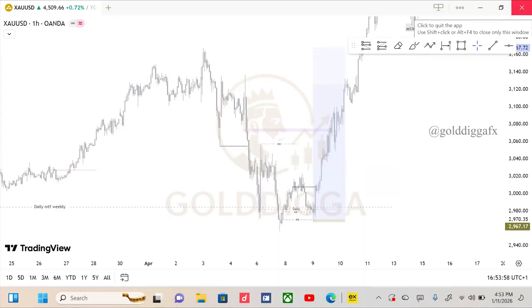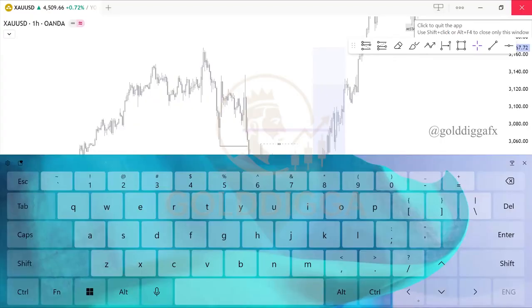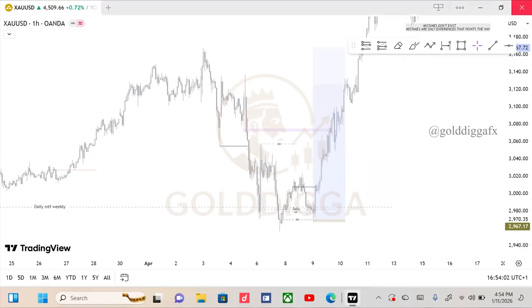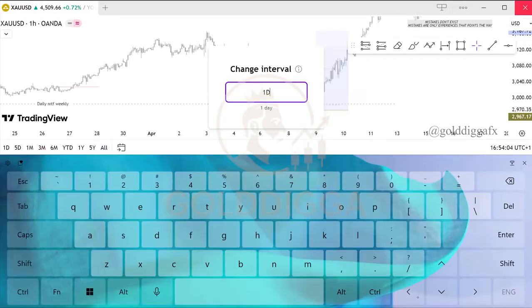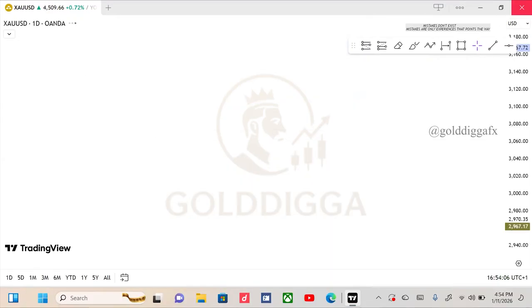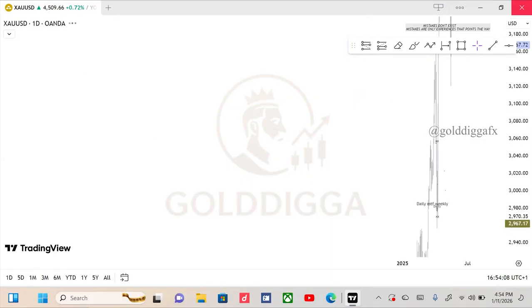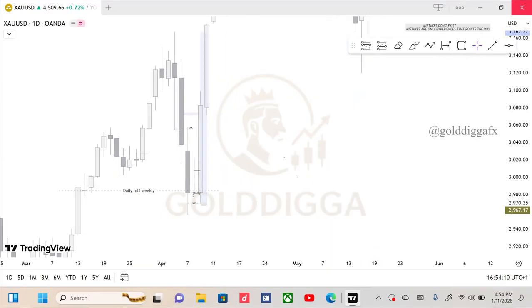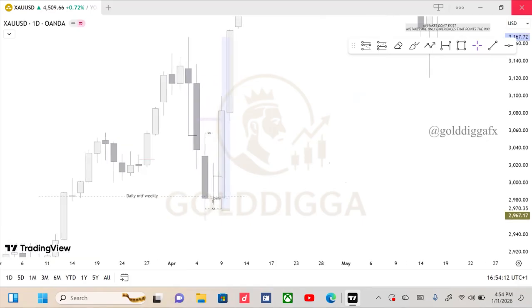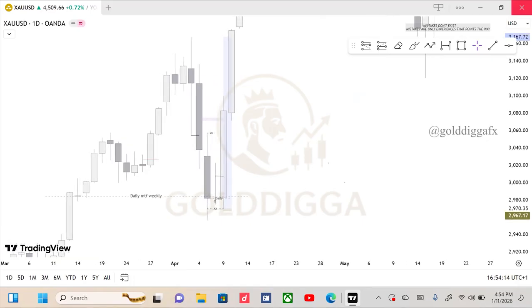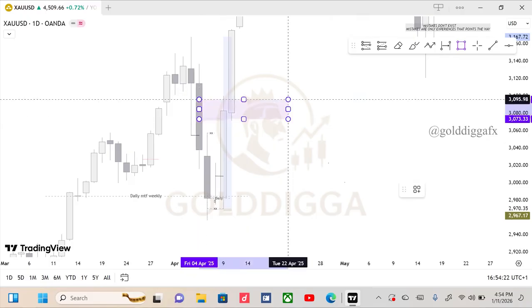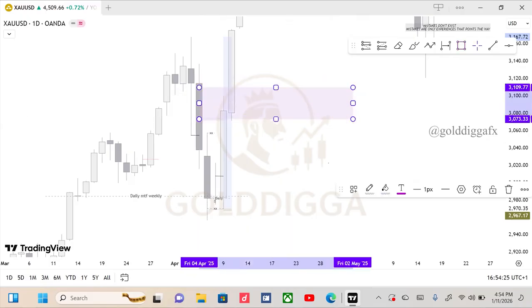Because for the storyline to change, price needs to be trading inside the daily level, right? And this setup most likely isn't from a daily level. You can see this is where the setup was, here, not in a daily level. So I can't anticipate that setup to change the storyline.